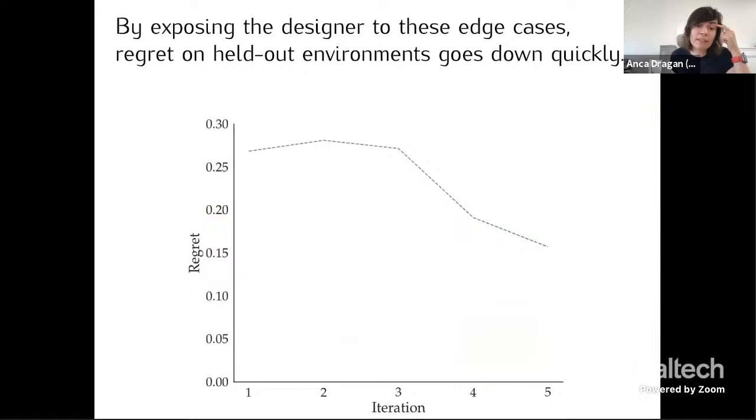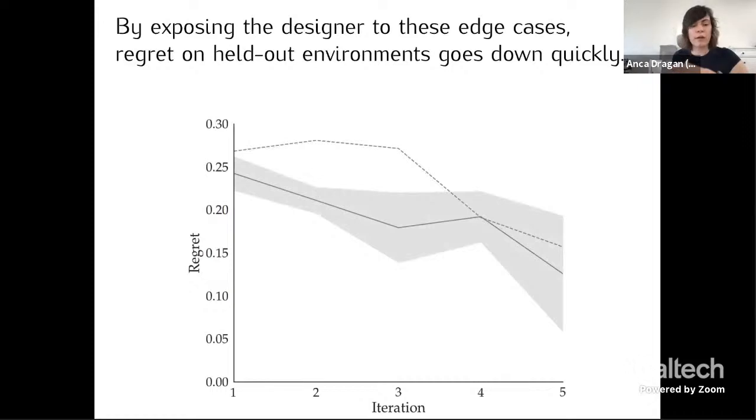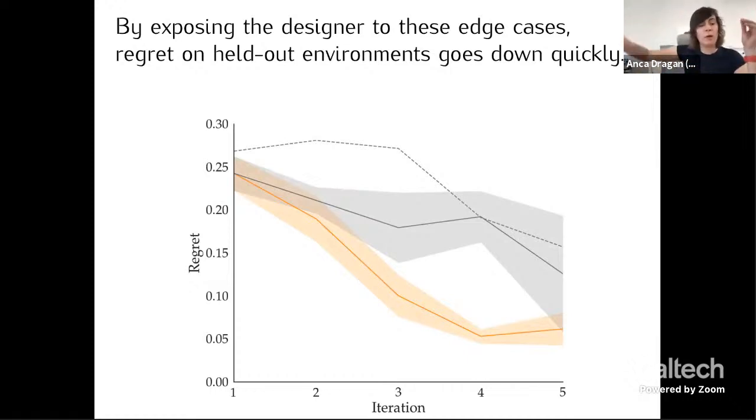And so by exposing the designer to these edge cases, these things that they didn't think about, where they end up getting poor behavior with what they specified, and then revising based on that, you end up converging to a better reward function iteratively with the designer much quicker. And so in orange here is the active method. And in gray, it's if you just let the world sample environments without trying to actively expose the person.